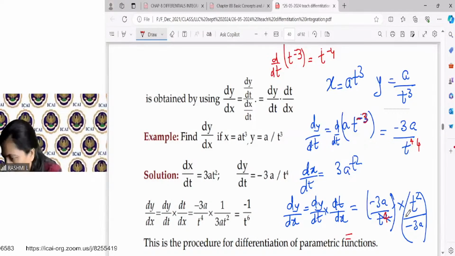So this is giving me what? This 3a gets cancelled. The minus sign I have over here, dy by dt, and here it is plus. So this is equal to, with a minus sign, t square and t raised to 4 dt by dx.